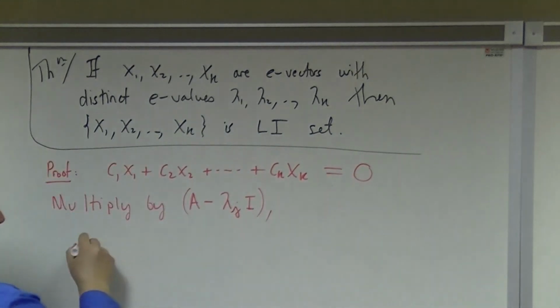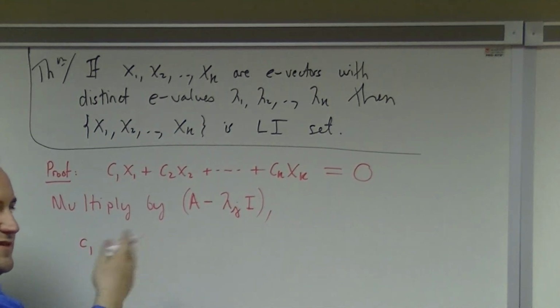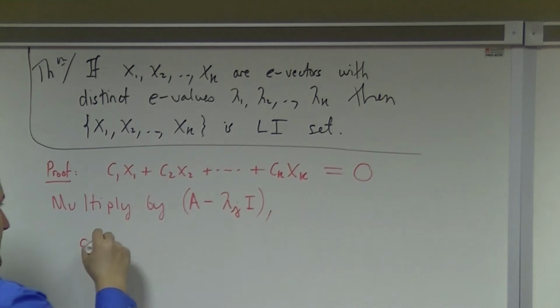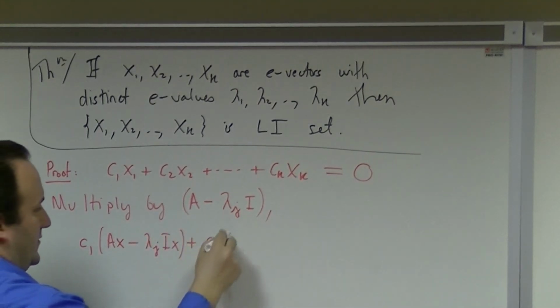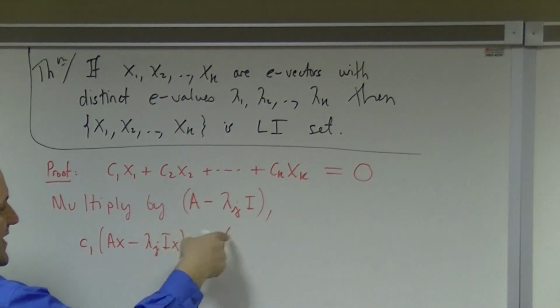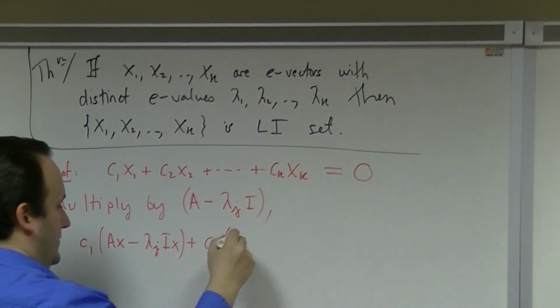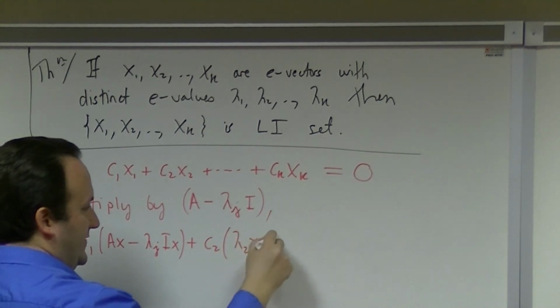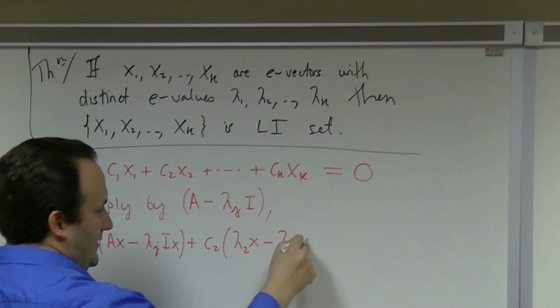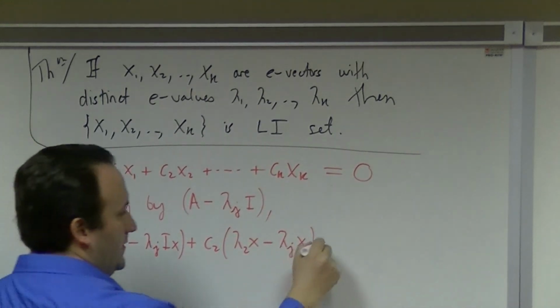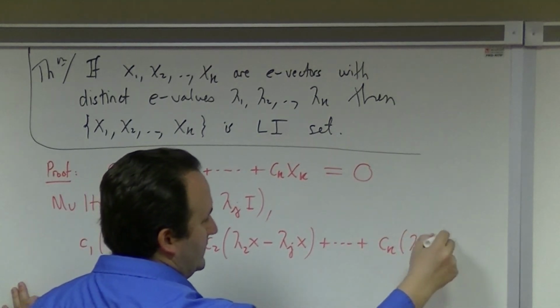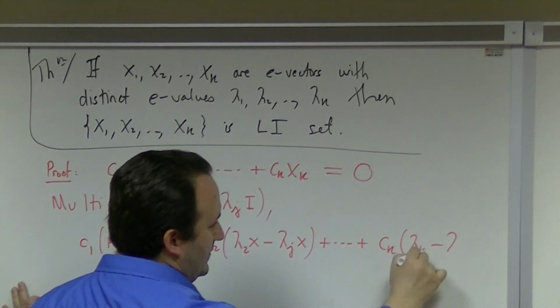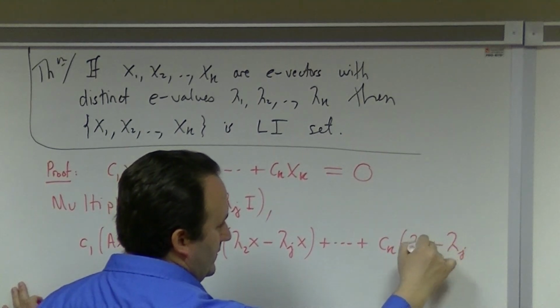So what do we get? Properties of matrix multiplication say it's the sum of the products, right? So that's c1 times (Ax1 minus lambda j I x1), plus c2 times, and I'm going to simplify the second one: what's A times x2? Lambda 2 x2, right? So minus lambda j x2, plus ... plus ck (lambda k minus lambda j) times the x's.